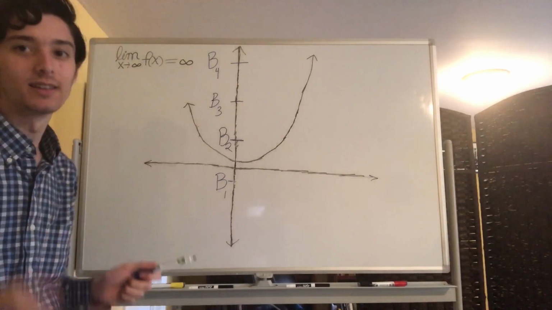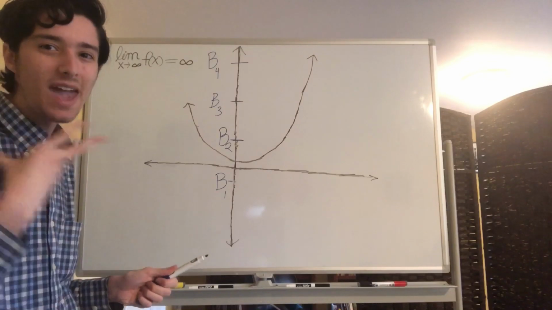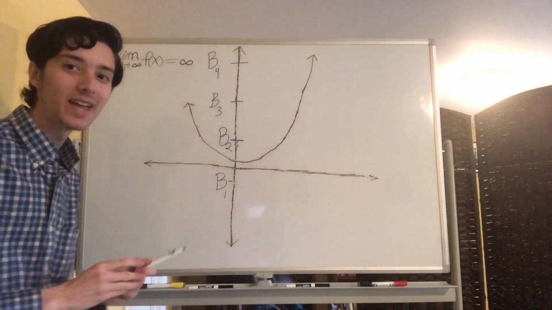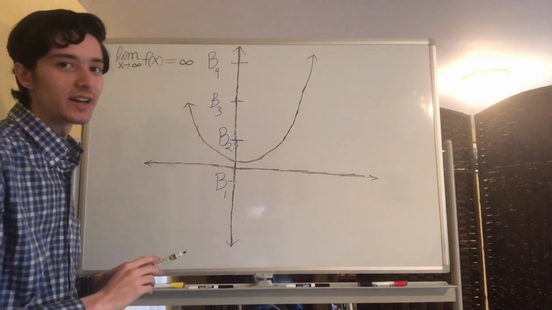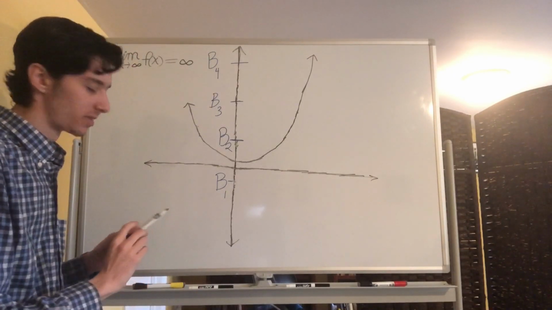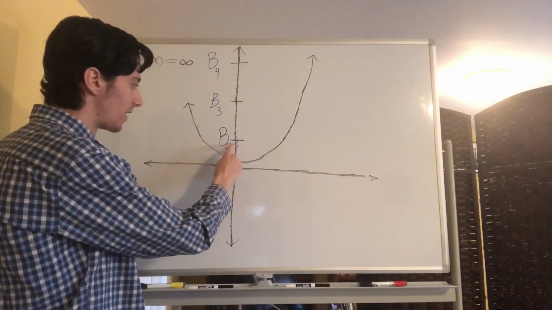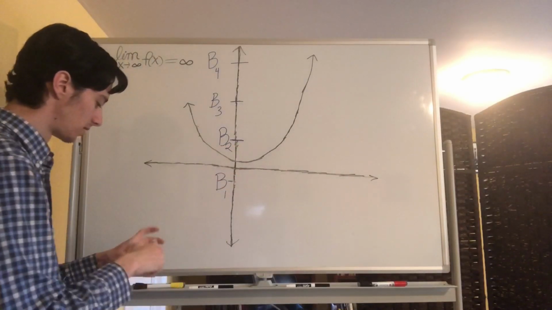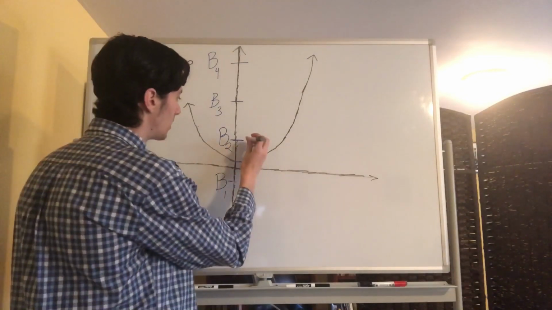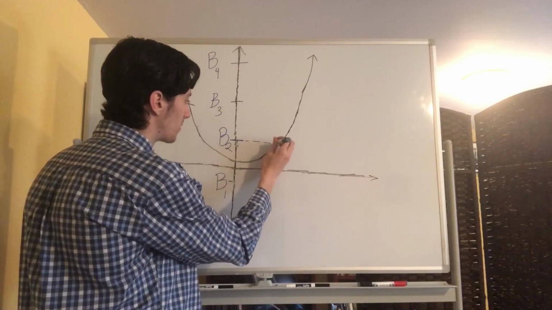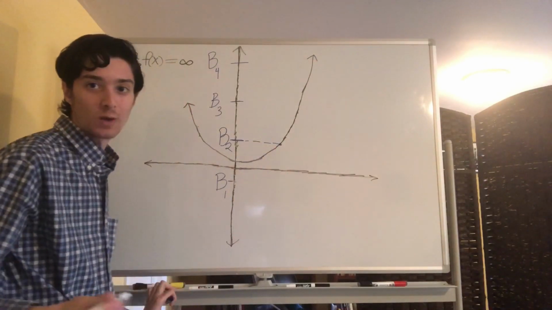So we want to see again, is there some x coordinate, some a such that when x is larger than this a, f of x will be larger than b2? So first of all, because there are actually values of f of x that are less than b2, let's just see where this is on the graph. Okay, so it's right there.